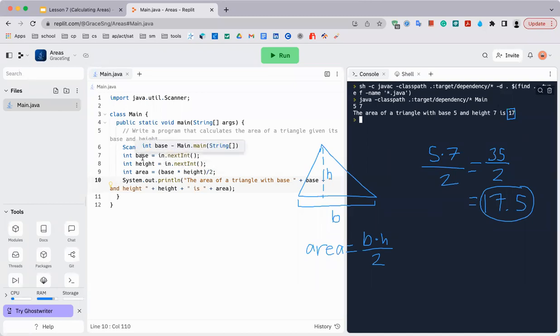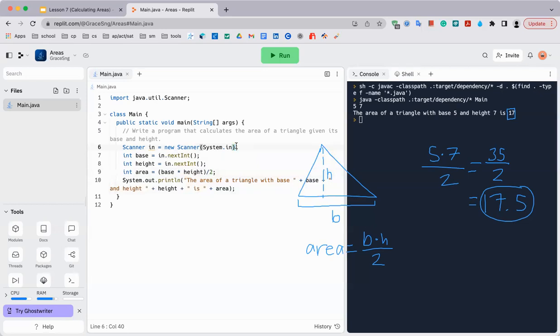Okay, so let's start from the top. So our base is correct, our height is correct. Those are both integers. And now the issue here lies in the calculation of the area. So here, my area is an integer type. And so my base and height, their product is also an integer, right? Because they're both integers, and 2 itself is an integer.